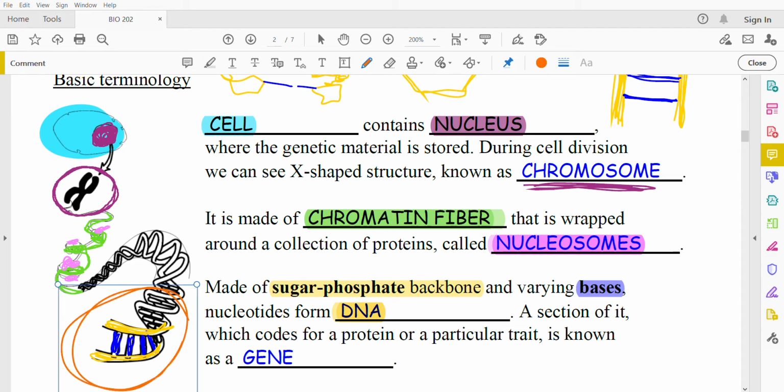I hope that explains some of the basic terminology. We want to be comfortable with that.